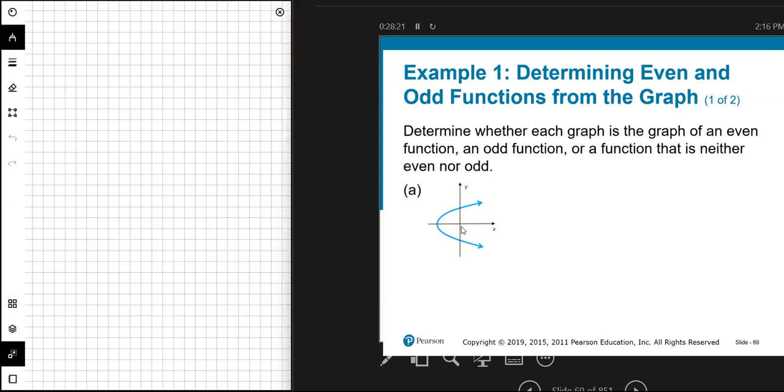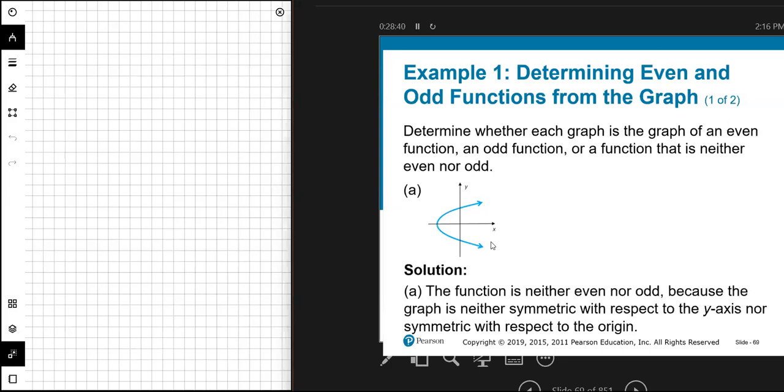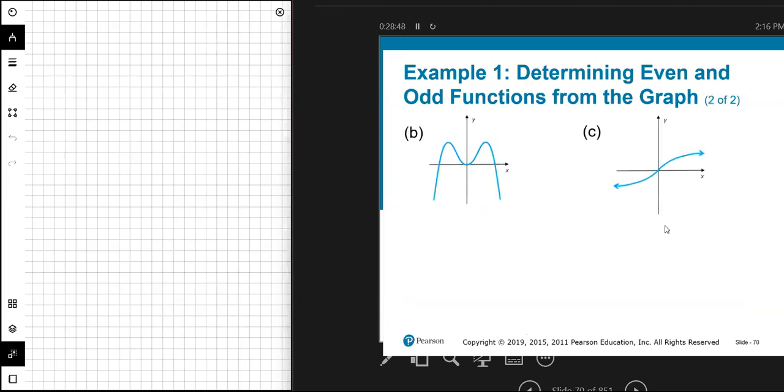So it's neither even nor odd. First of all, this isn't a function. Technically, it's a function in y and not in x, but for our purposes, it's not a function. It's not an even or odd function. Okay.